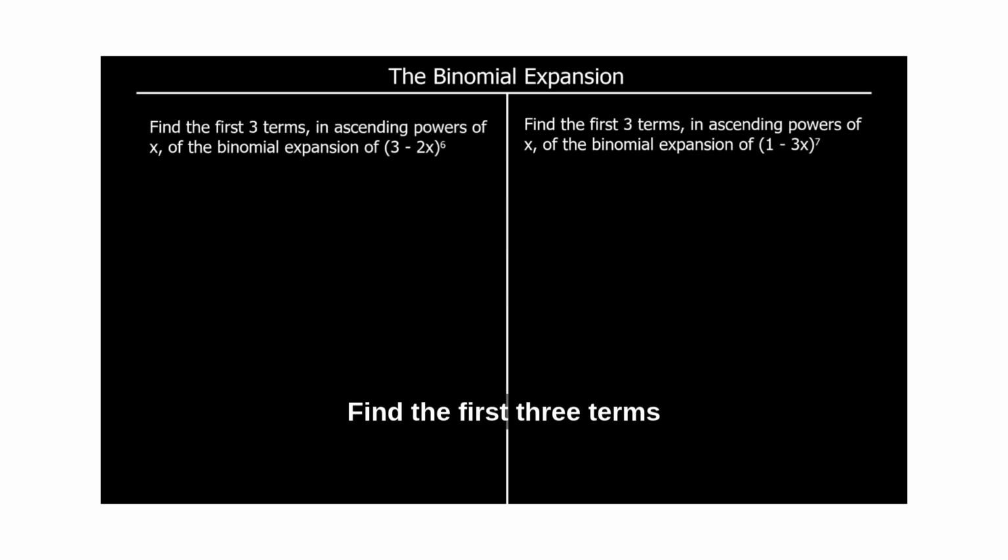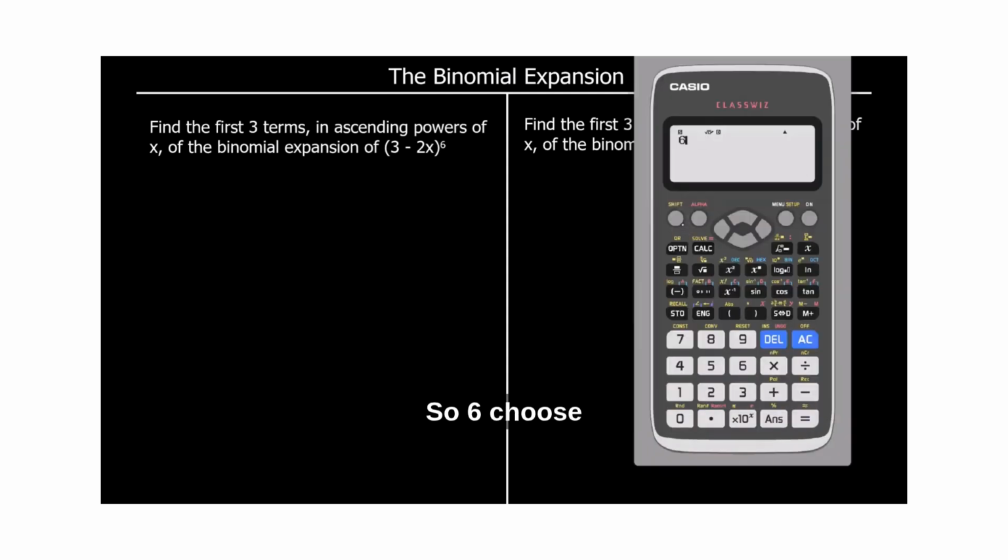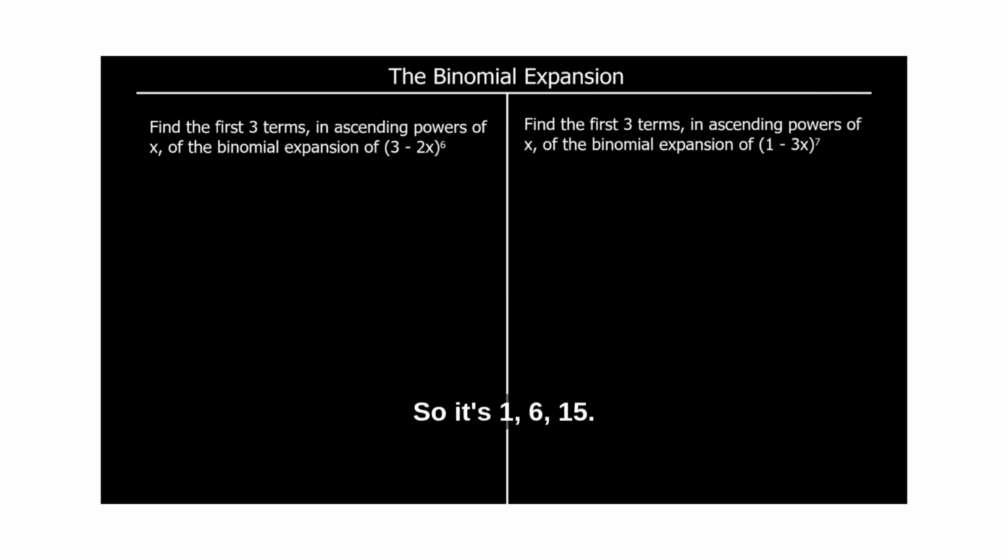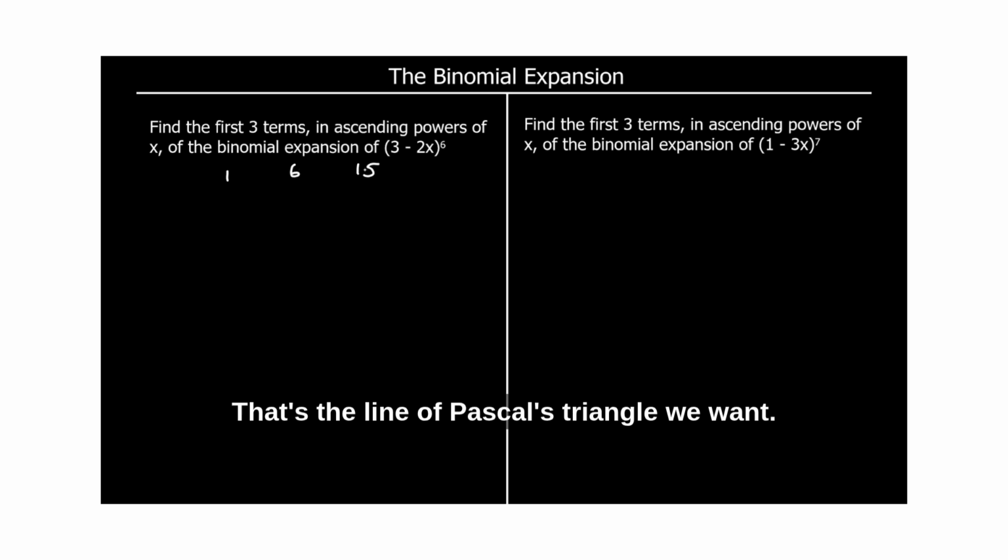Find the first three terms in ascending powers of x of the binomial expansion of 3 minus 2x to the power of 6. So 6 choose 0 is 1, 6 choose 1 is 6, and 6 choose 2 is 15. So it's 1, 6, 15. That's the line of Pascal's triangle we want.